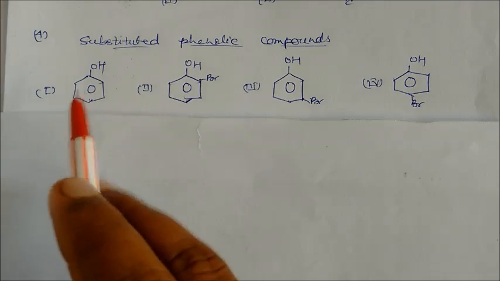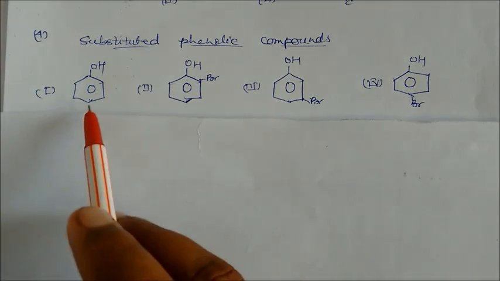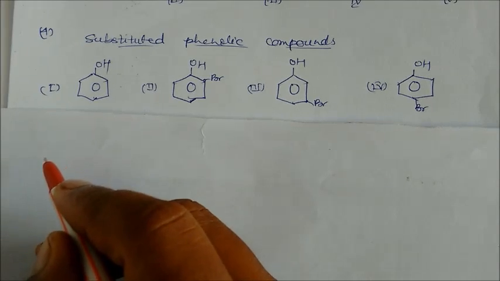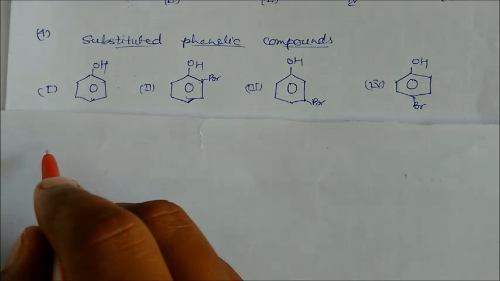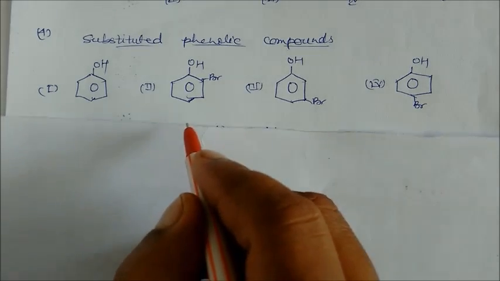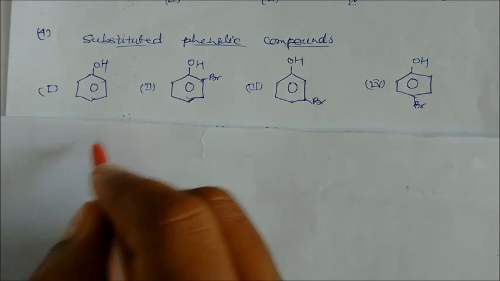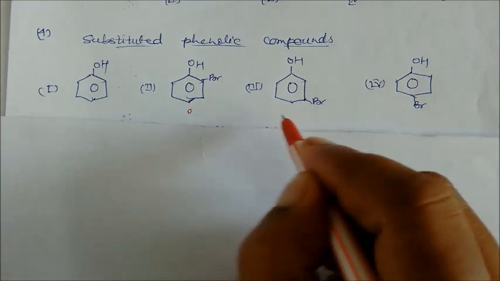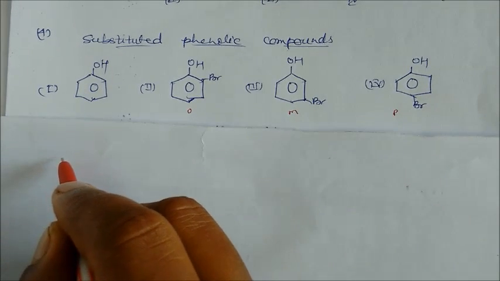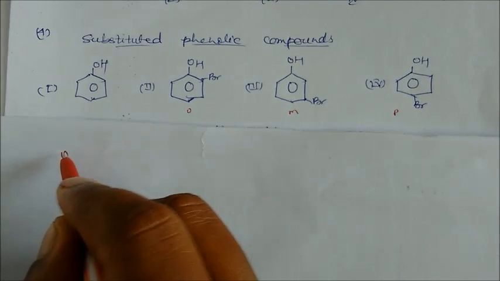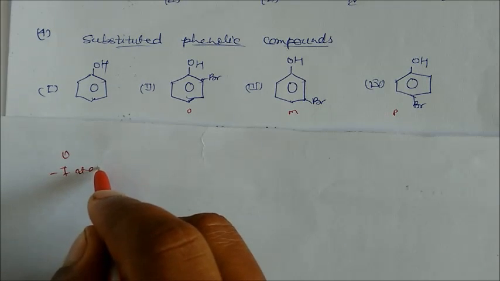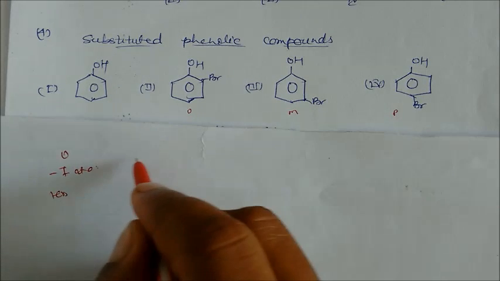Here are substituted phenolic compounds, OH is given here, Br. In all cases we will see: this is your ortho position, this is your meta position, this is your para position. In the case of ortho position, there is a minus I effect at O, with less distance.